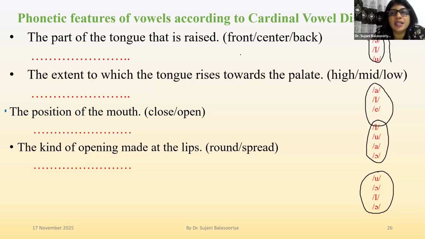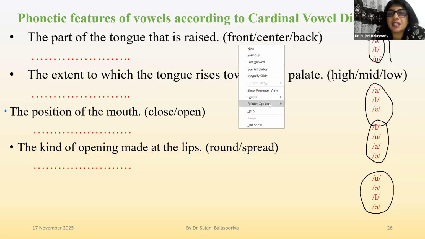And the second criterion: we have high, mid, low. I have given only three vowels also, no? So what is the high vowel? What is the mid vowel? What is the low vowel out of these three? I have given A, E, A. Okay, high vowel is E. Give me one small second.